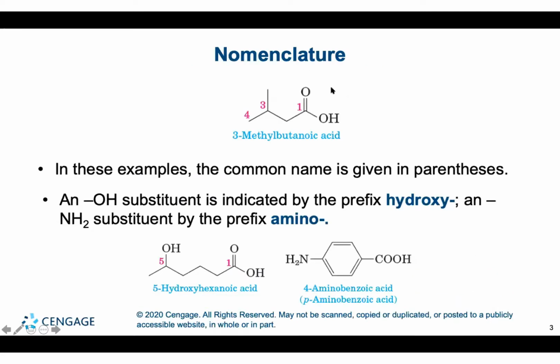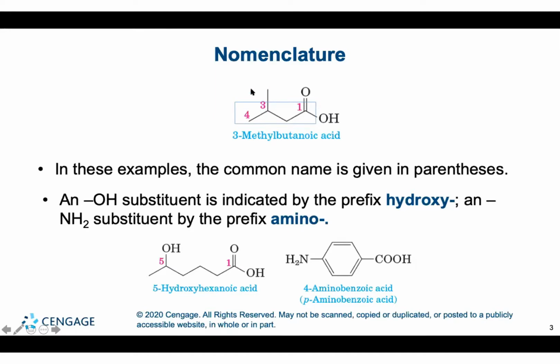This is a carboxylic acid because we have a carbonyl group attached directly to OH. This is a carboxylic acid compound. Here we start from the carbonyl group for numbering. It's going to be 1, 2, 3, 4, and this is going to be our longest chain.